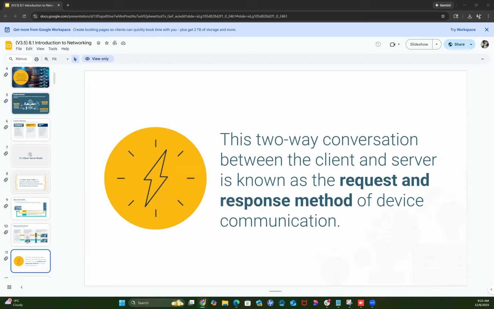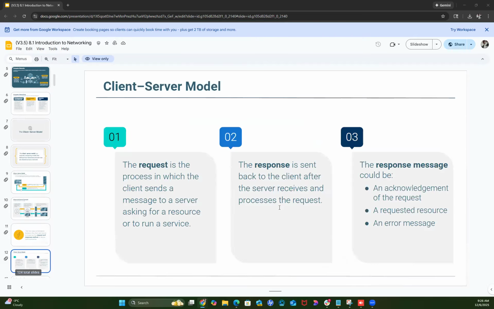This two-way conversation between the client and server is known as the request and response method of device communication. One is request and another is response. The request is the process in which the client sends a message to a server asking for a resource or to run a service.